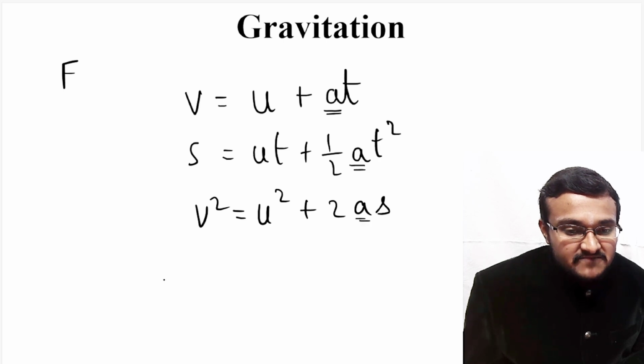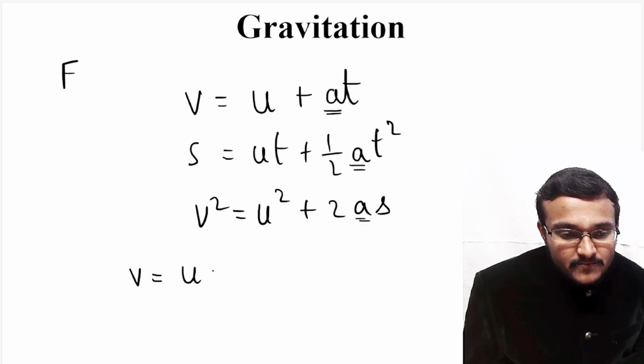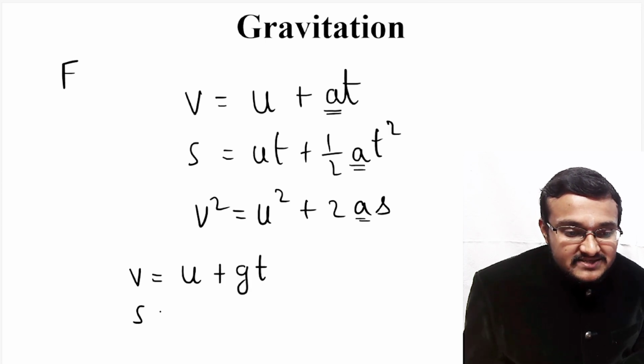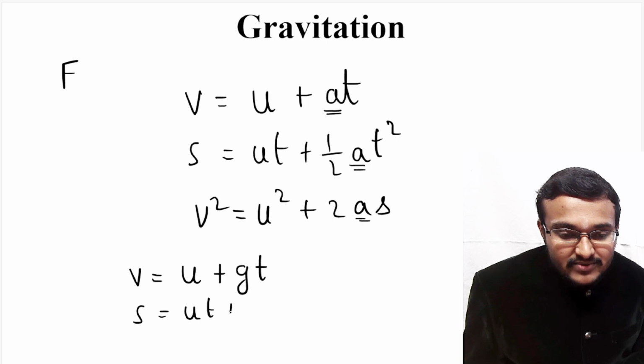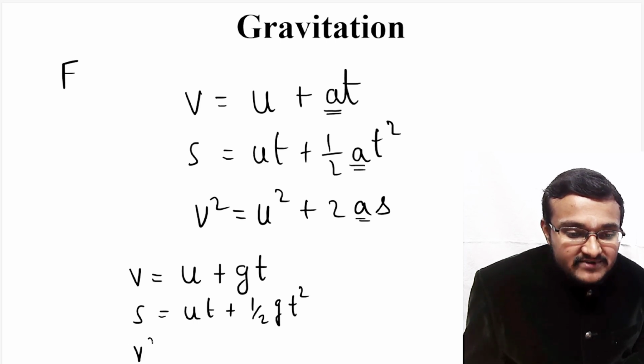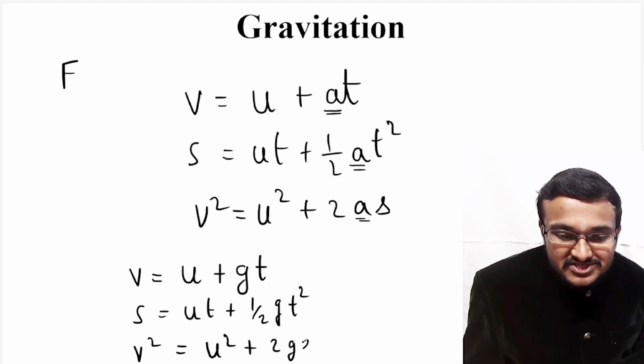So that acceleration due to gravity acts as the acceleration, and you can directly substitute it in the place of acceleration and get a new set of equations: v is equal to u plus gt, s is equal to ut plus half gt square, and v square is equal to u square plus 2gs.